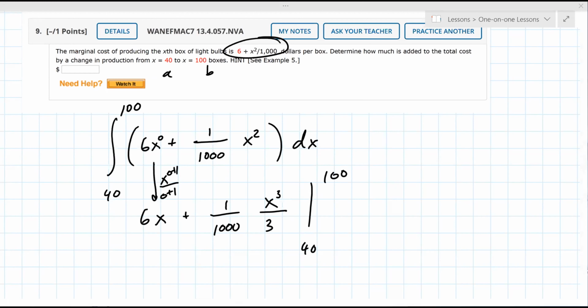I'm going to use one of the many available online calculators to get this actual value because I don't know what it is. Integral 6 plus x squared over 1,000 from 40 to 100. Wolfram Alpha will spit out that number. It ends up being 672. You would need a calculator for that.